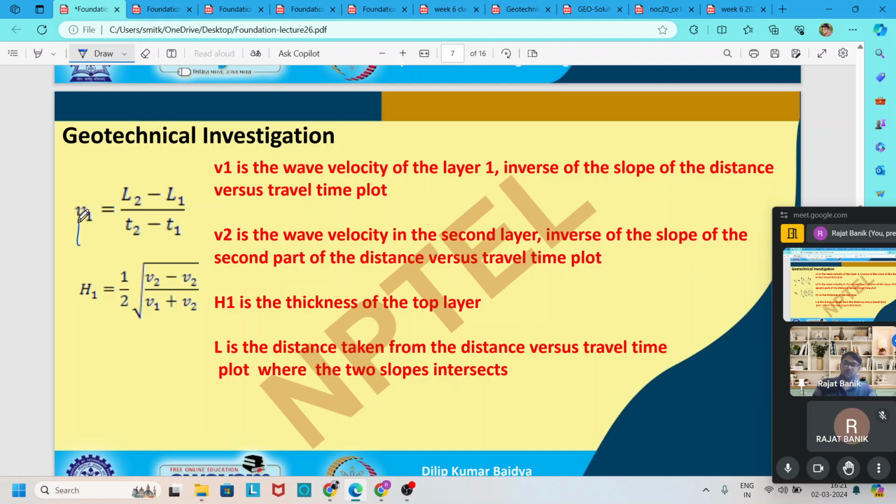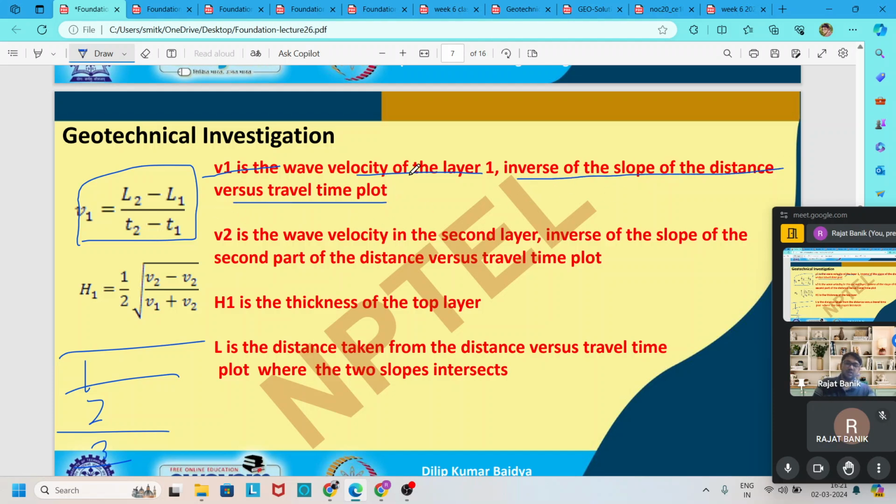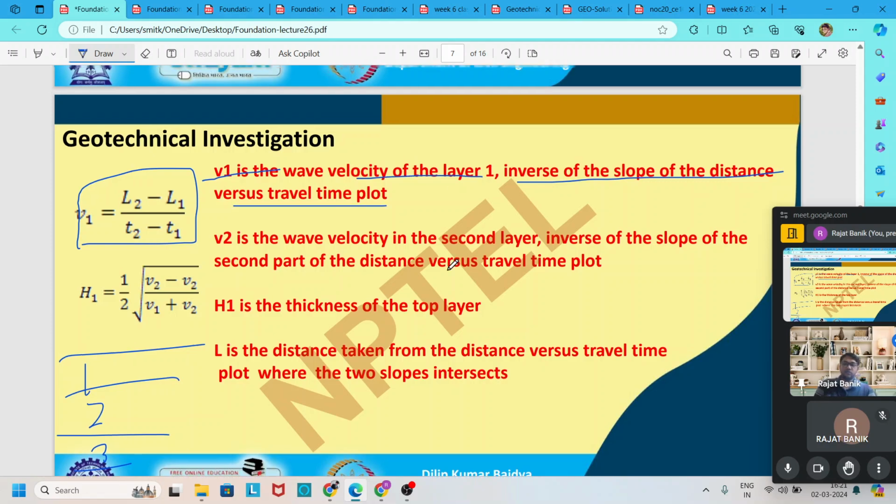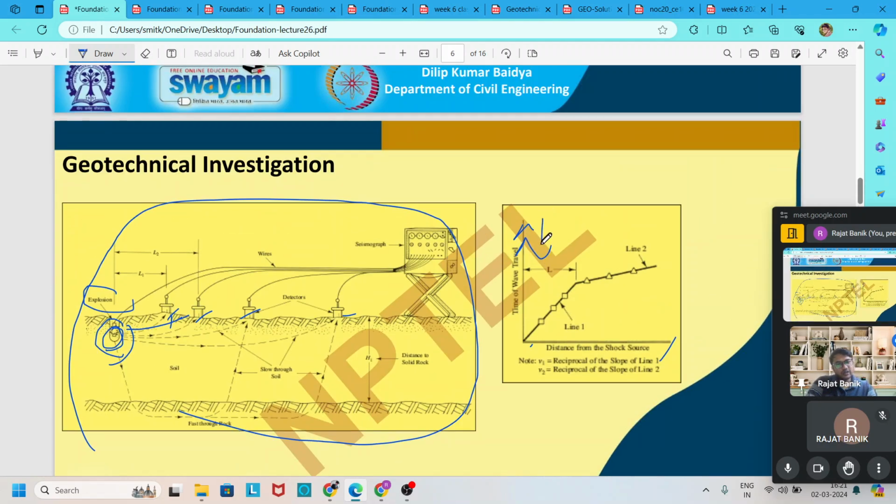Here a formula is given to find the velocity of each layer. If we divide the ground into different layers, like layer 1, layer 2, or layer 3, V1 is the wave velocity of layer 1, and it is the inverse of the slope of the distance versus travel time plot. Here is the time axis, here is the distance axis. If we draw the slope between two lines, then the velocity is the inverse of the slope.